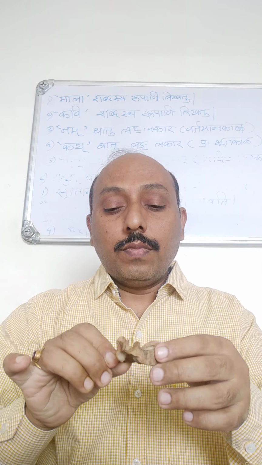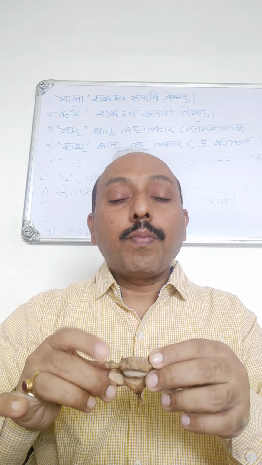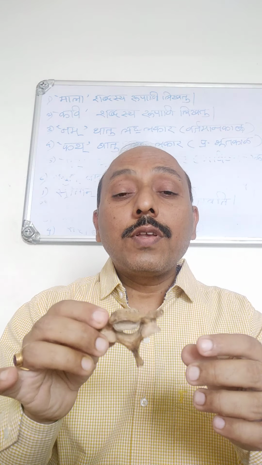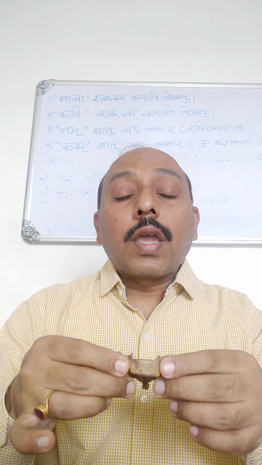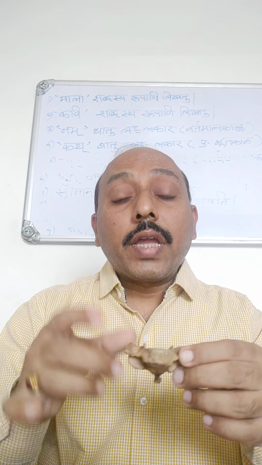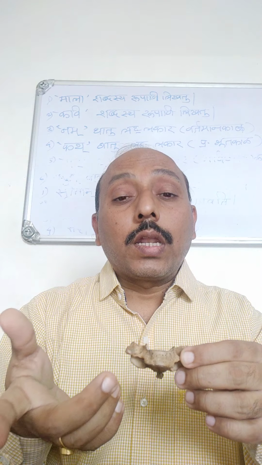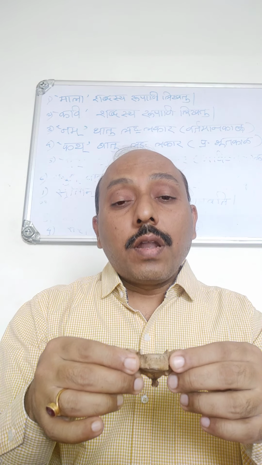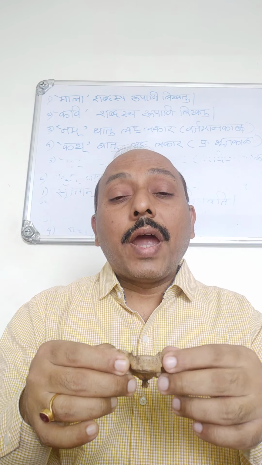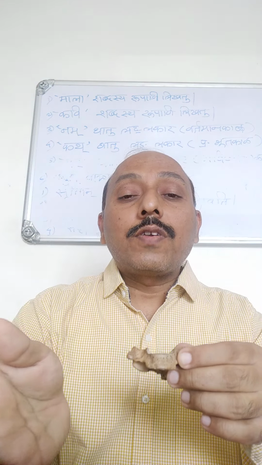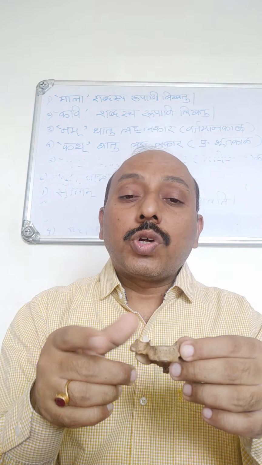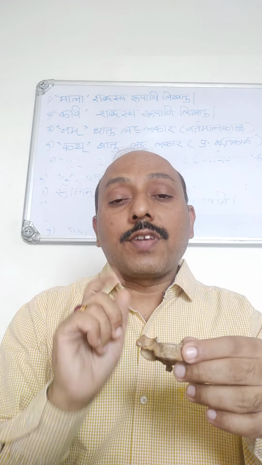Now what is the applied part of this C7? The lateral mass sometimes gets enlarged to form the cervical rib. This rib goes forward towards the anterior side, and it adjoins the first rib.